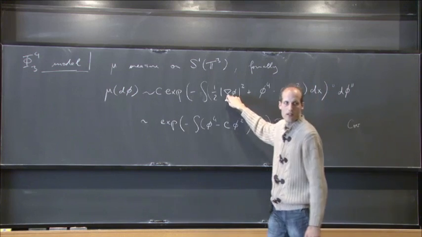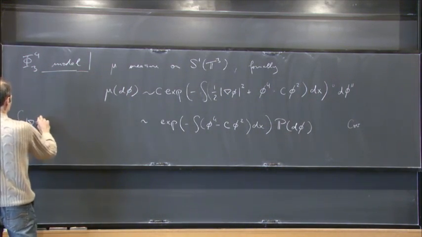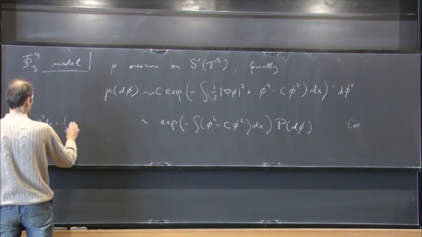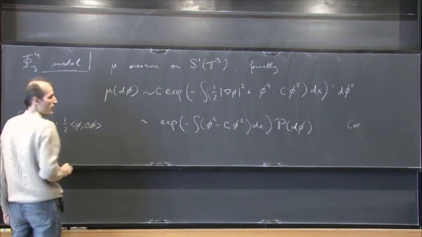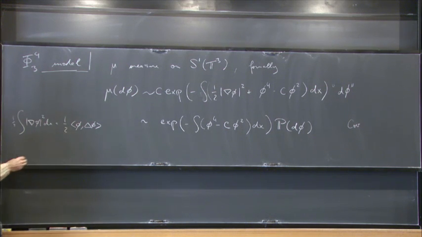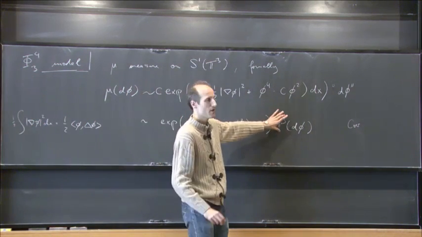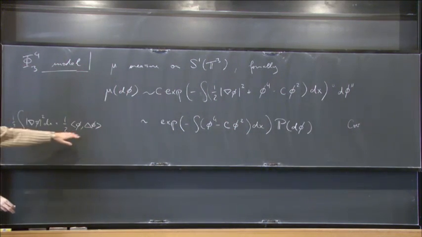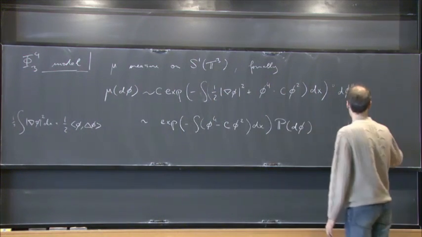The integral of gradient phi squared, I can rewrite as one half of phi times minus Laplacian phi. By analogy with the usual Gaussian measure, this should be the inverse of my covariance. So this should be a Gaussian measure that has as a covariance the Green's function of the Laplacian: the inverse of the Laplacian should be the covariance of this measure.